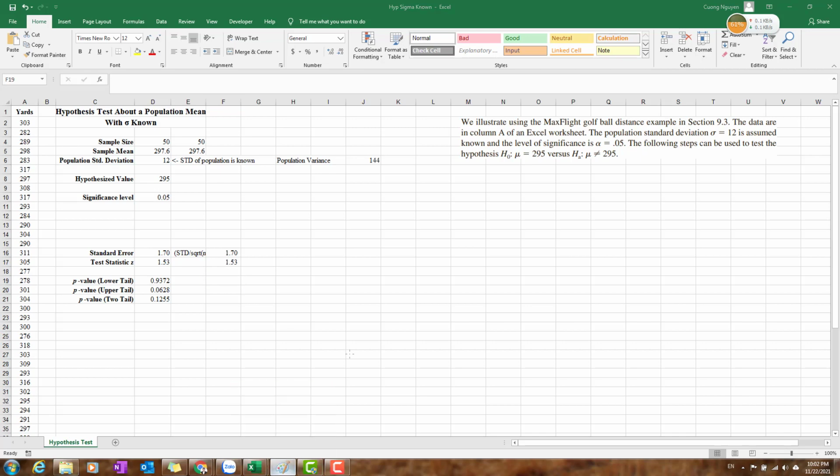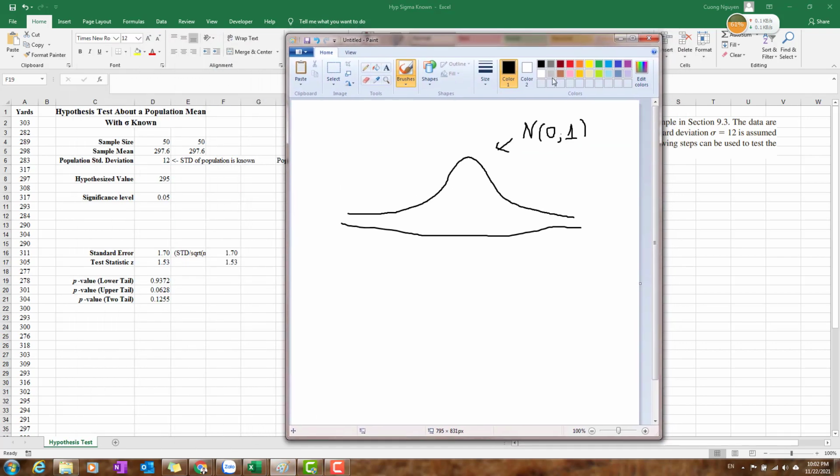Now let's come back to the drawing. If we standardize into the z-score, think about it this way: this is 295. I will clean this one to make sure you understand. This is just a normal distribution. Let's come back to this and think about the points.